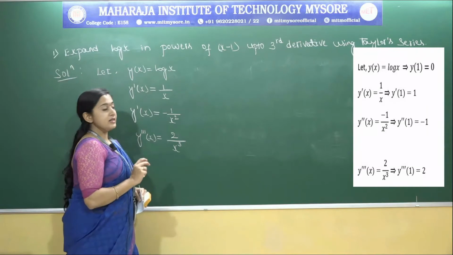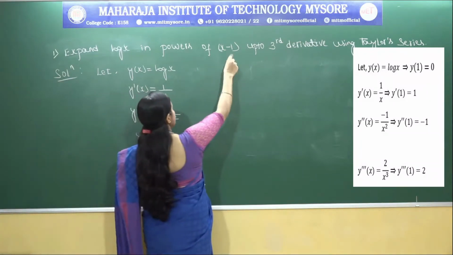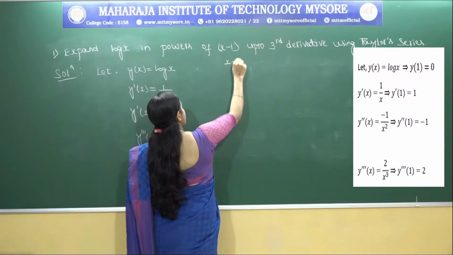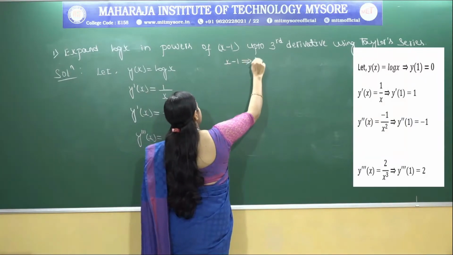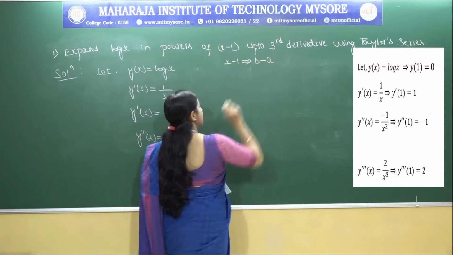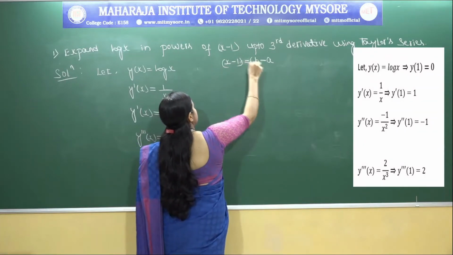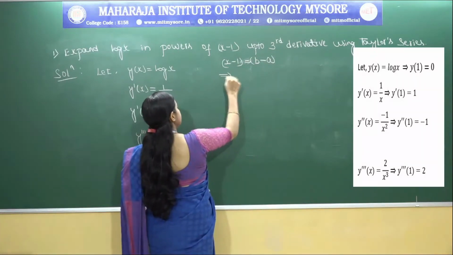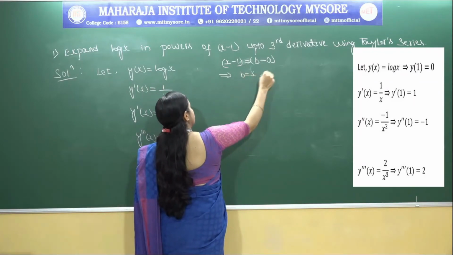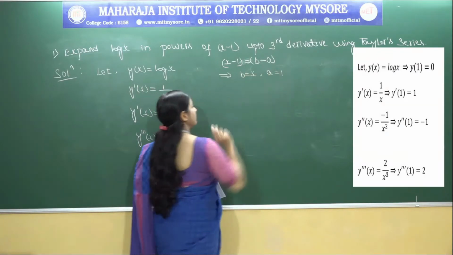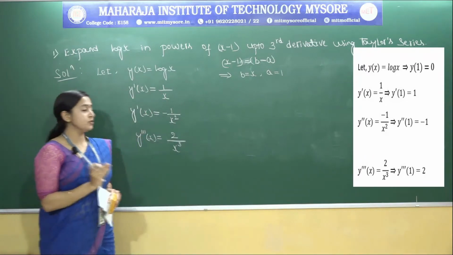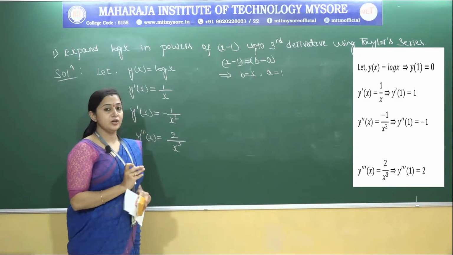Then in the Taylor series, the given powers of x minus 1 implies the difference between a and b, that is b minus a. So this implies b equal to x, a equal to 1. So in the problem you have to substitute b equal to x and a equal to 1.